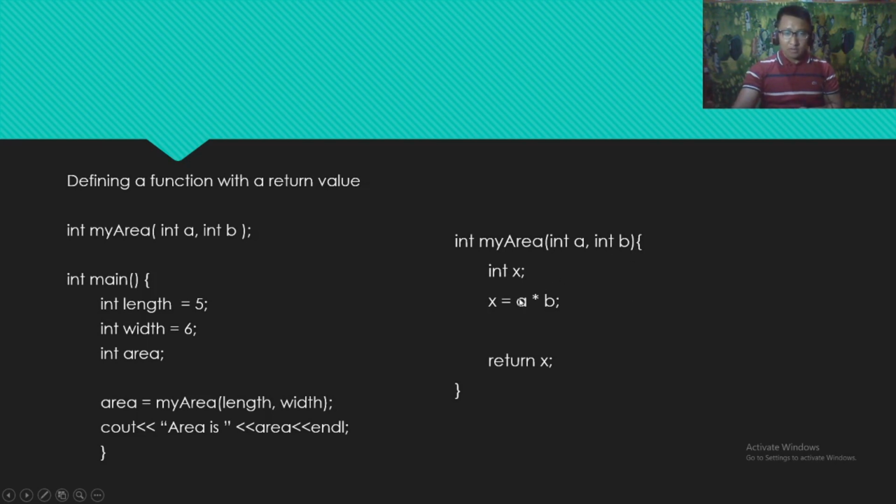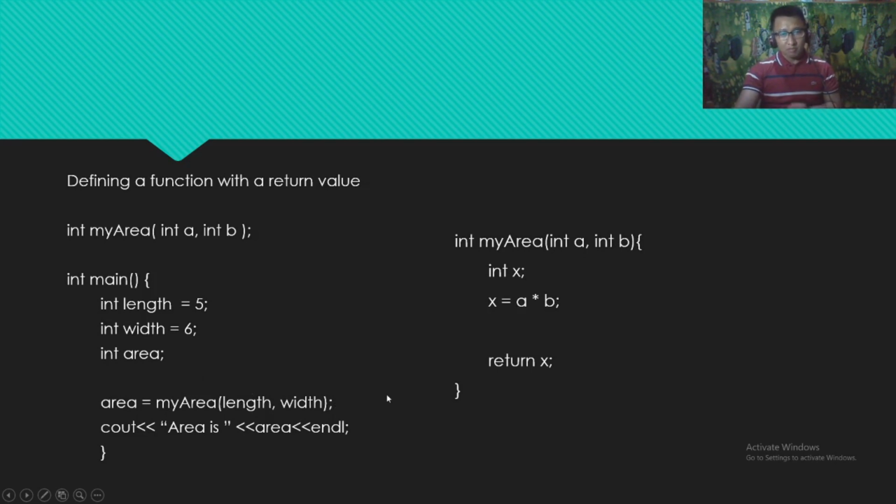So after the calculation of these two variables, the data will be stored here. For example, we will calculate 5 times 6. So 5 will be on the parameter a, and 6 will be on the parameter b, because we have passed this value already using this statement.